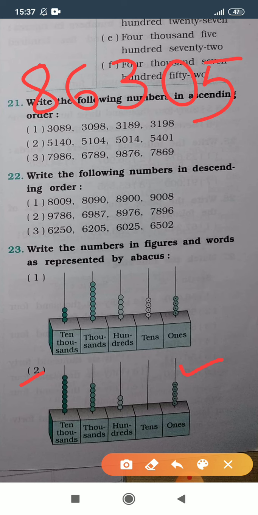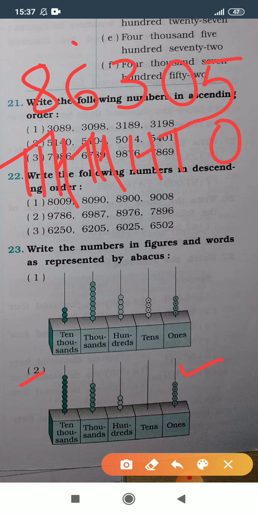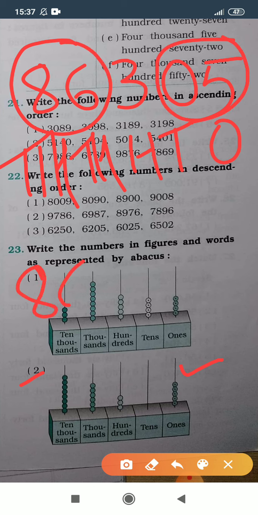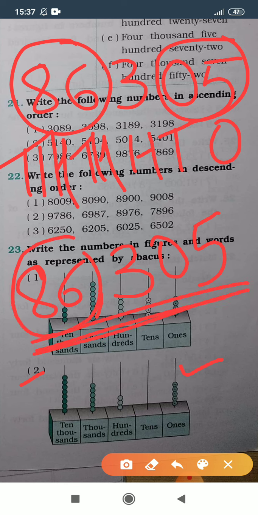Now let's see how we will write it in words. 5 is on 1's place, 0 is on 10's place, 3 is on 100 place, 6 is on 1000 place and 8 is on 10,000 place. So these two will be pronounced together. So 86,305. Again I am repeating, 86,305.